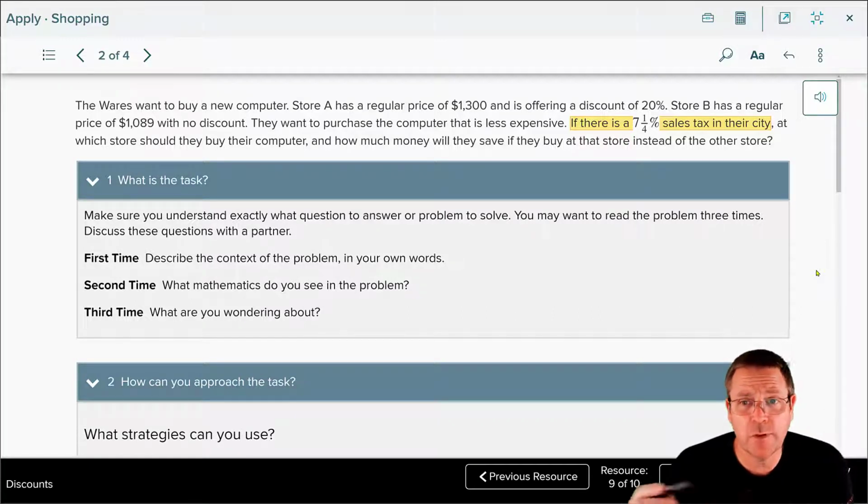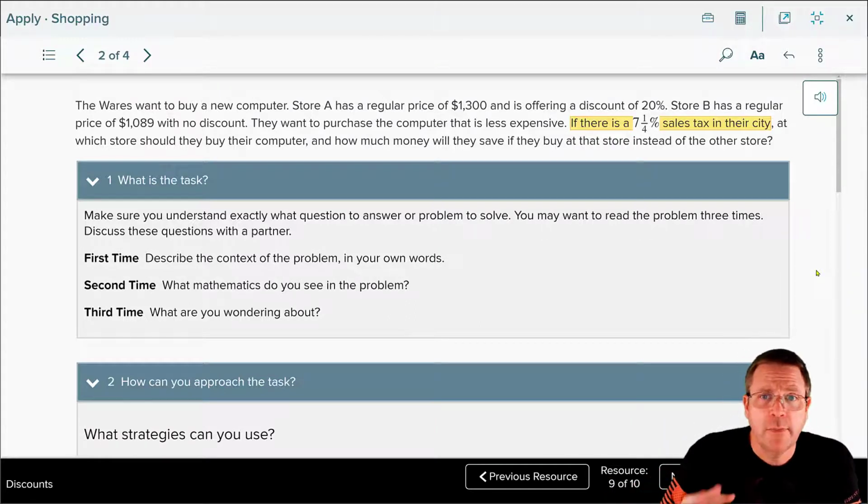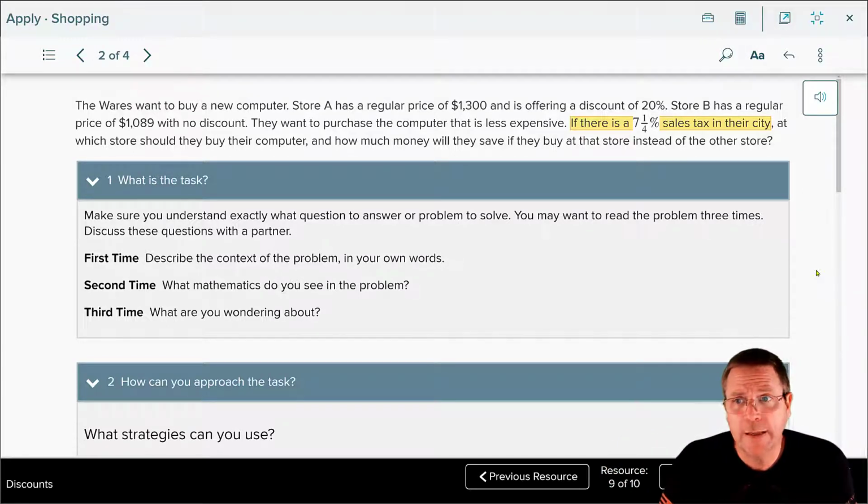Now, I'm not sure if they were going to try and do that to us here, but I'm going to tell you right now, kick that out in the garbage. That has no bearing on the real life of this problem. Did they use it in this one? Maybe. We'll find out when we check our answers. But I'm thinking that that doesn't belong in the problem at all, and all you need to do is find out which store is going to give you the better deal and by how much you're going to save.